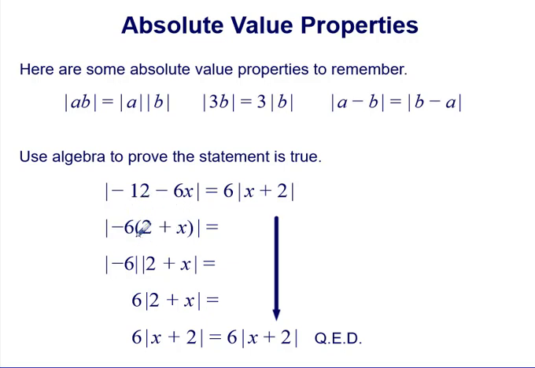We're rewriting that inside. Then we're taking the absolute value. We're using the fact that the absolute value of a times b can be the absolute value of a times the absolute value of b. And then we are rewriting the absolute value of negative 6 as 6. And there is the proof that the left side is now equal to the right.